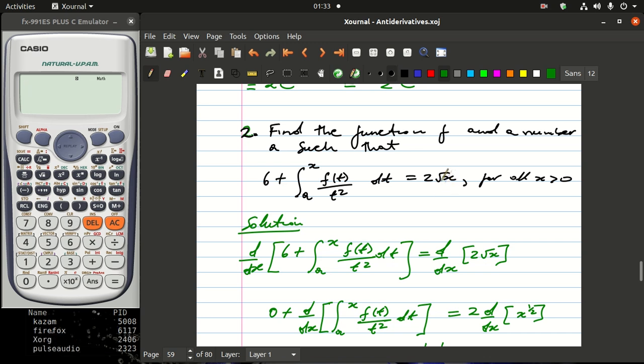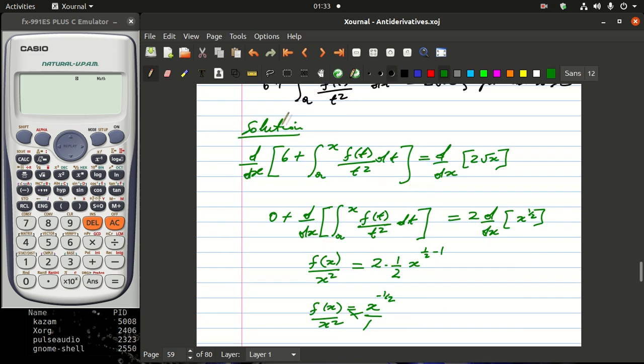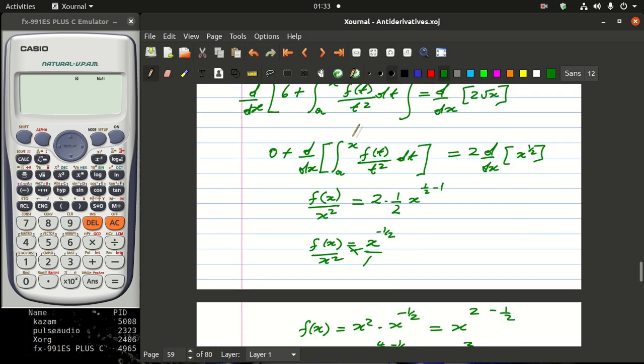The independent variable, we saw it from that side, and we also saw it from one of the limits of the integration. So we derive with respect to x, so we derive on both sides. The derivative was 0, and when we're taking the derivative of that part, we saw that we can use the theorem, the fundamental theorem of calculus.